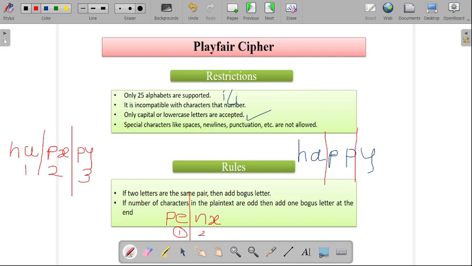That is our second group. As per these rules, we convert our plain text to ciphertext. Revising again: the first rule is that if two letters in a pair are the same, we add one bogus character in our grouping. In the second rule, if an odd number of characters is present, such as in the example, we add one bogus character at the end.